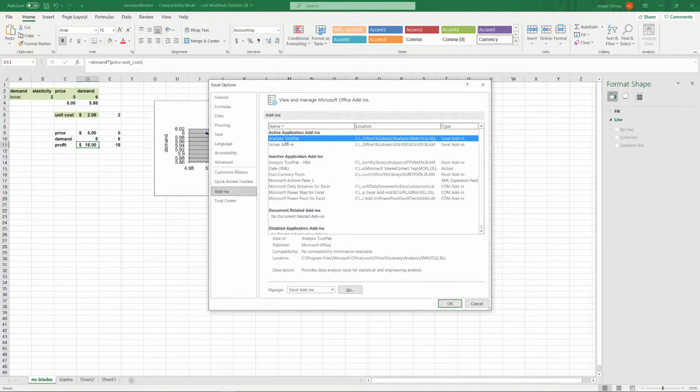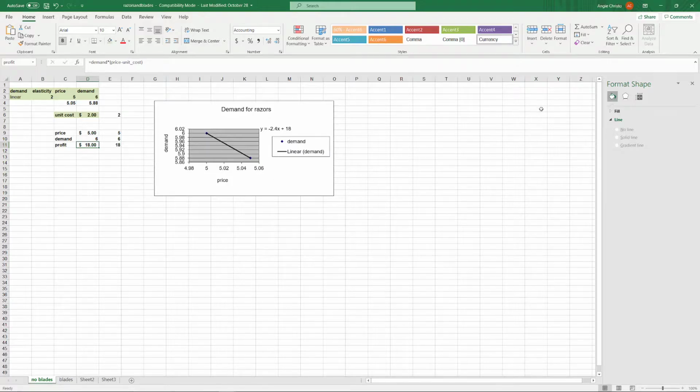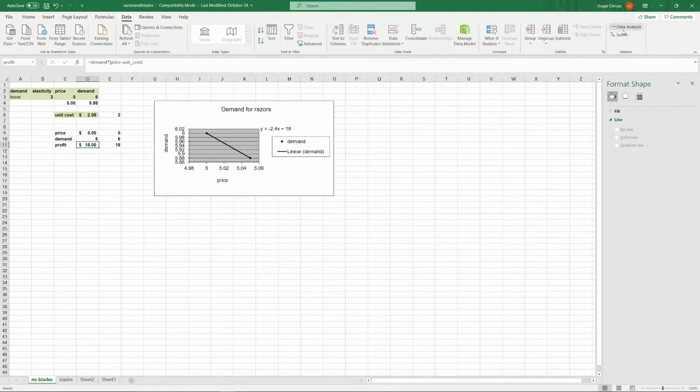If it's not up here, you find the place where it says manage add-ins, go make sure it's checked. The Solver and the analysis tool pack we've used in the past, and we will use again for regression. So make sure those two are checked, okay, and this will make this Solver option appear here.